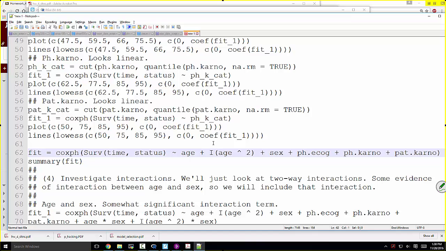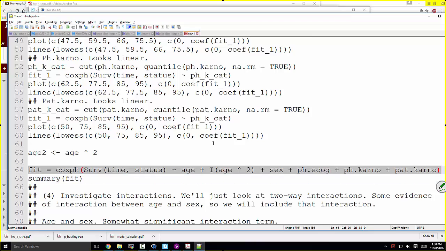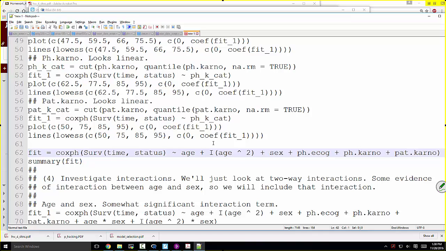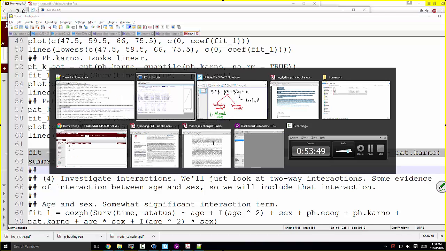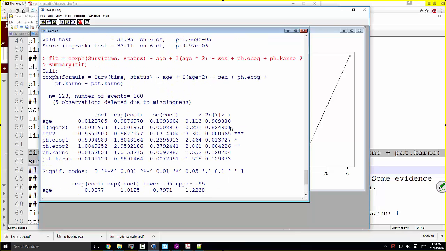Another way you could do the same thing without messing with that I function is to define age squared as age squared, and then reference that in here. That would do the same thing. But I'm going to include age and age squared. So we have age and now age squared. We have both of them.